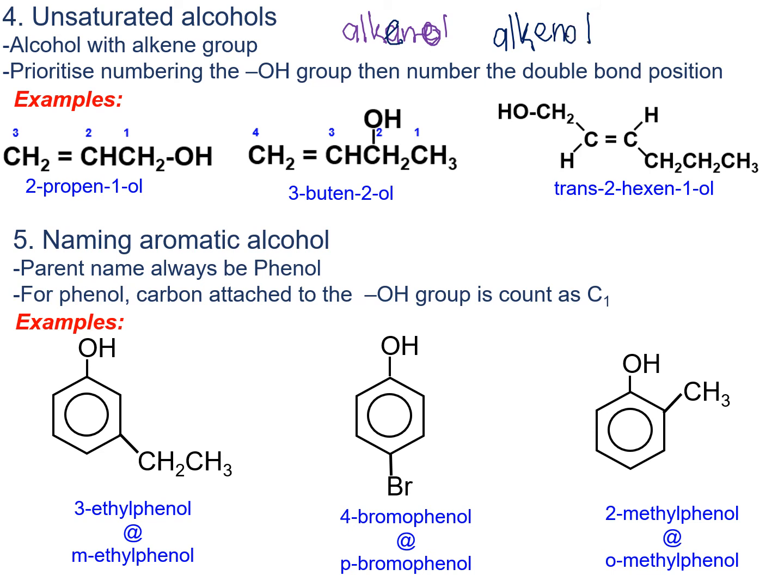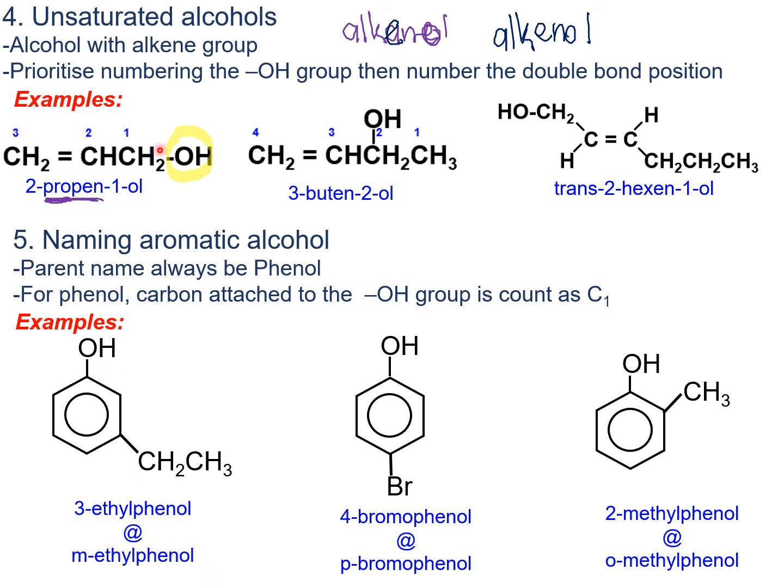alkenol. Okay, for example, if you have this molecule yang ada double bond, yang ada OH, okay, whatever it is, you need to prioritize the OH here. Okay, so since that dia ada 3 carbon, therefore 3 carbon prop. Tapi sebab this is alkene, dia jadi propene.